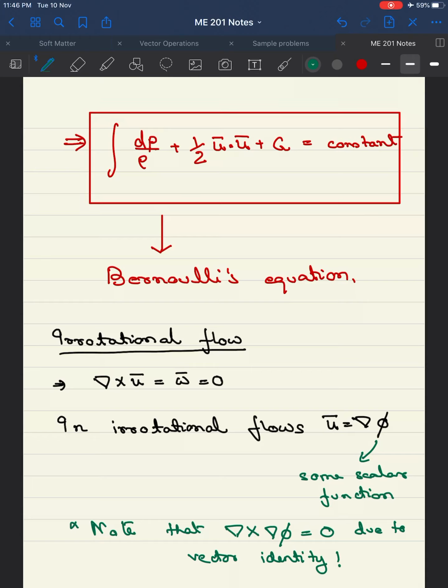Right, so this form automatically satisfies the idea of an irrotational flow.